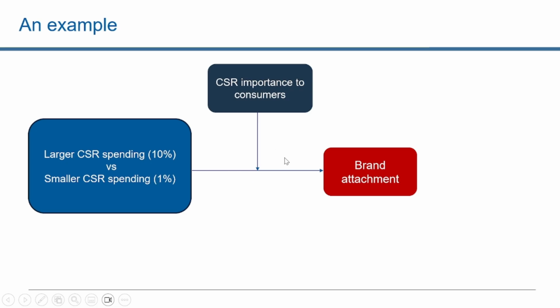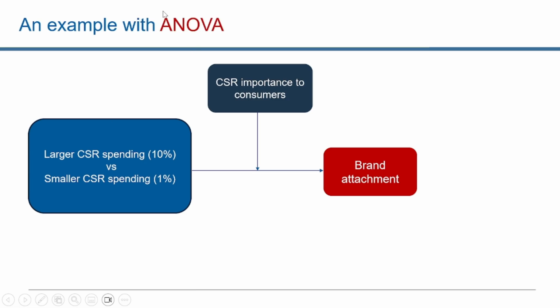But I'm also saying that this relationship between CSR spending and brand attachment may be influenced by how important CSR is to consumers. So I expect there would be individual consumer differences that will impact that relationship.